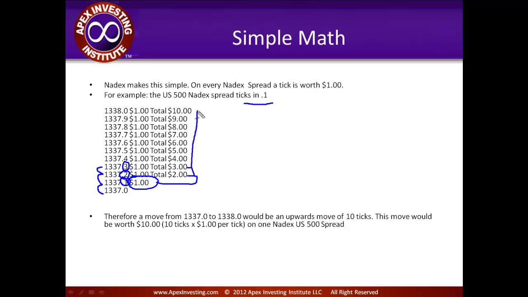If it moves up 10 ticks, that's $10. So, a move from 1337 to 1338 would be an upwards move of 10 ticks. Since every tick is worth $1, that move would be worth $10 on one Nadex US 500 spread. And that's how it works on all of the Nadex spreads. Every tick is $1, which makes it really, really simple math.